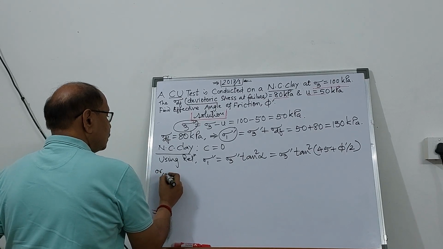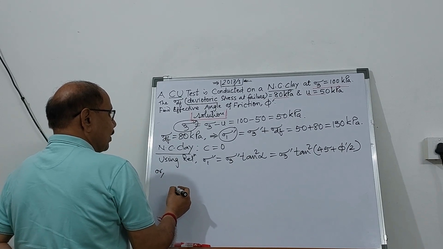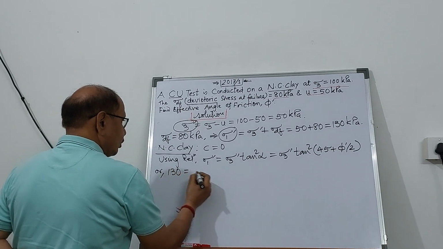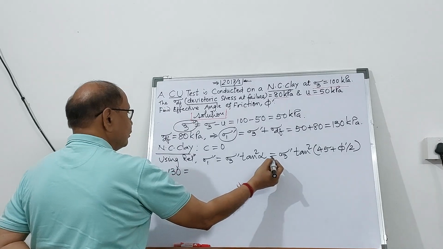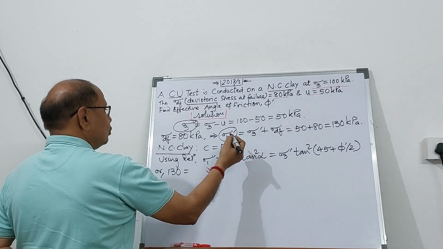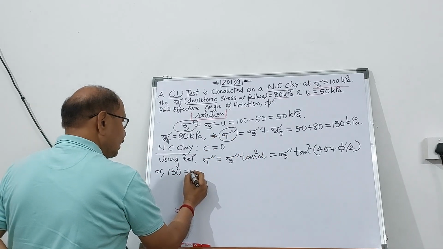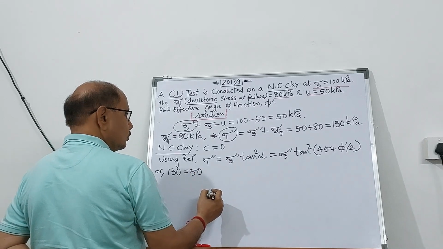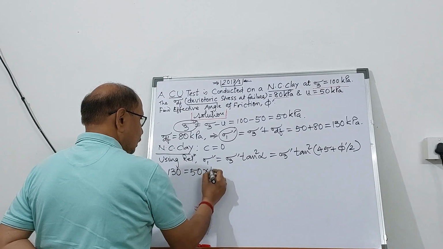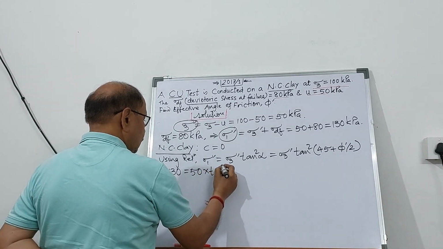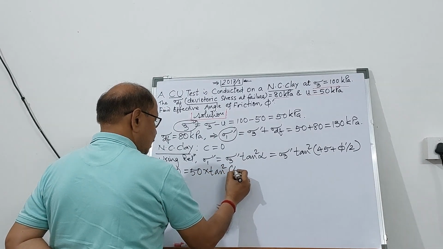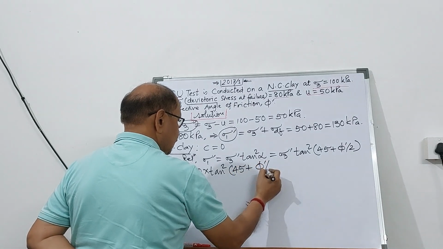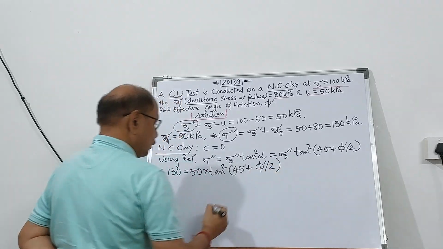Or sigma 1 prime is 130 kilopascal equal to sigma 3 prime is already known to us as 50 kilopascal into tan square 45 plus phi prime by 2.